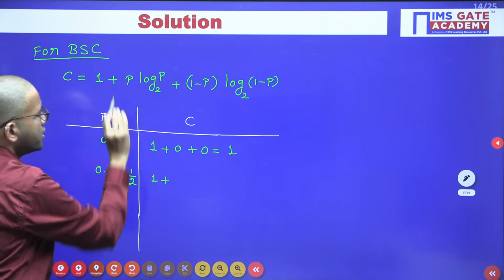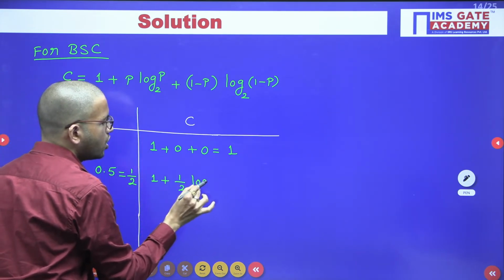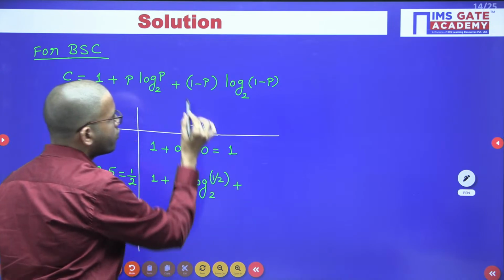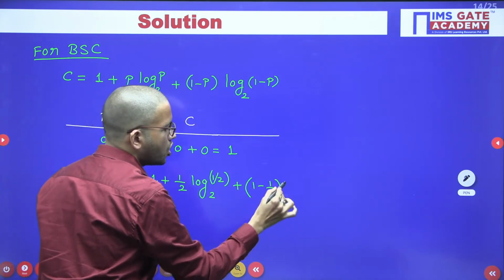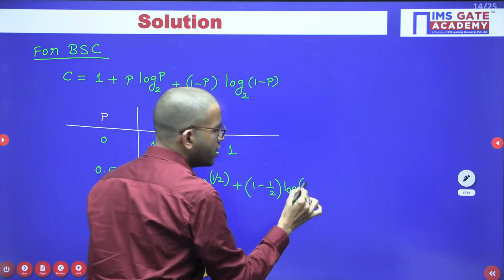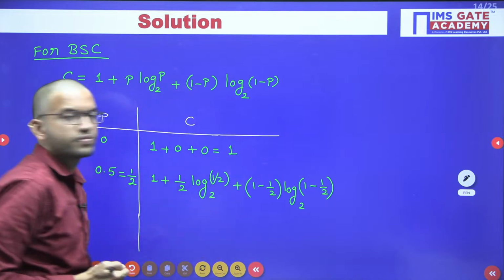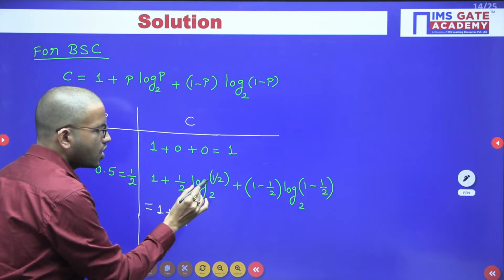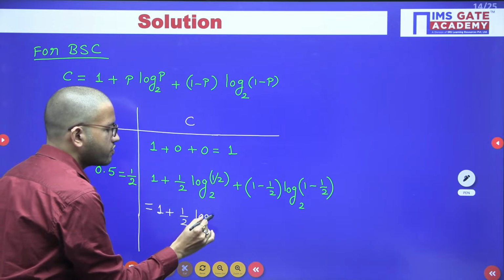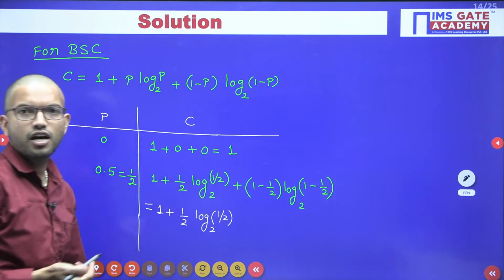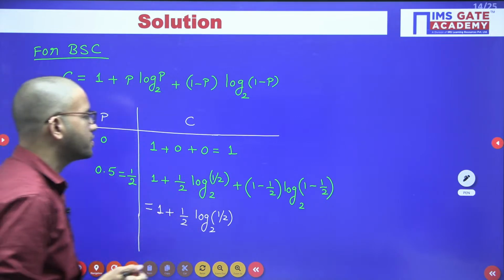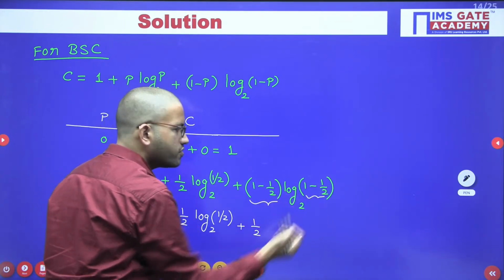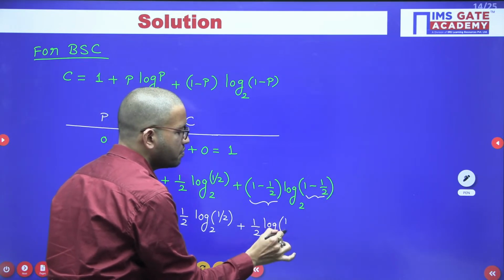So in place of P I am writing 1 by 2 log 1 by 2 base 2, and here 1 minus half, log of 1 minus half, base 2. 1 minus half is nothing but half, so once again it is half log half base 2.